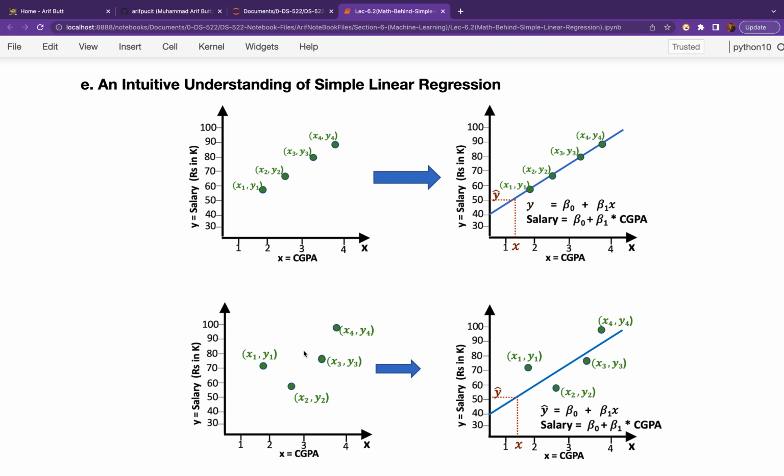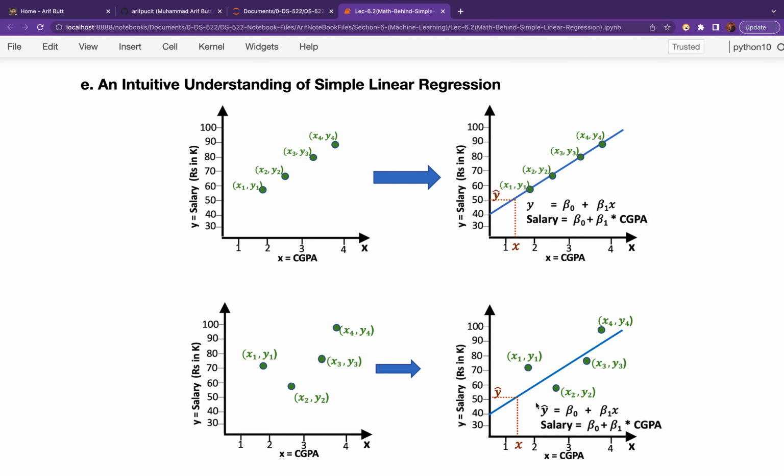And such a line is called the best fit line. To solve this problem, first we have to find the relationship between the x values and the y values. And for a two-dimensional data set, that is a single input feature and a single output label, this mathematical representation is of course the equation of the line, that is y is equal to beta naught plus beta 1 x.